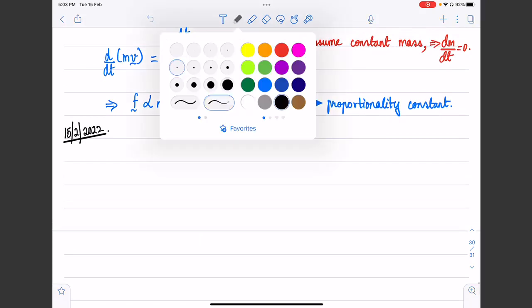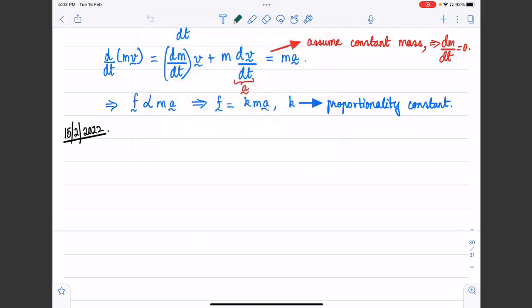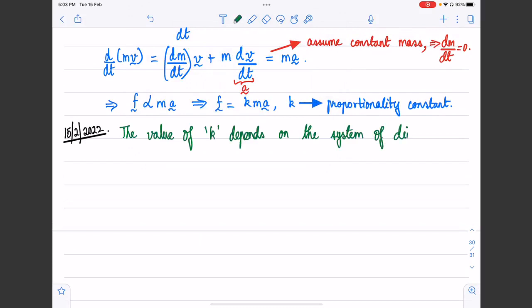Okay, so the answer to this question is that the value of k, the proportionality constant, depends on the system of dimensions and units. So that is the answer to this question.